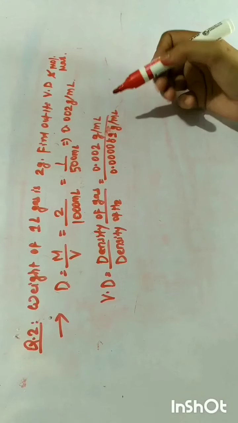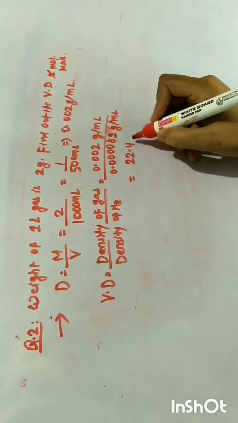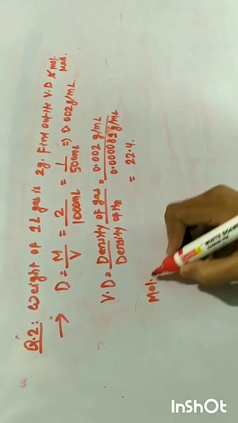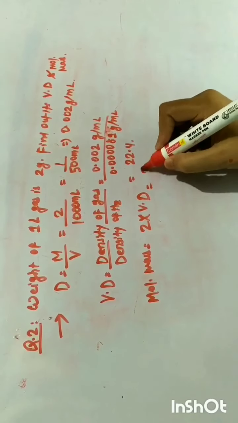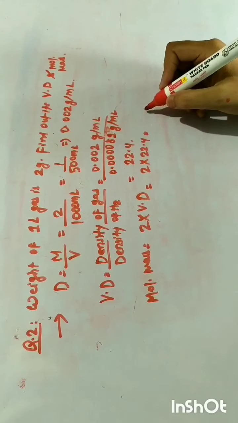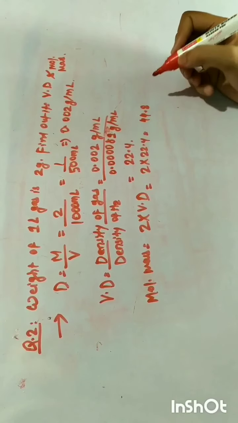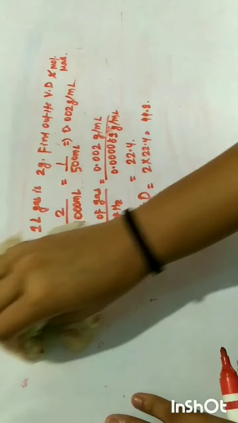So when you calculate it, you will find your answer is like 22.4. Okay, so molecular mass is equal to 2 into vapor density. Vapor density is 22.4, so 2 into 22.4, the answer is 44.8. Next question.